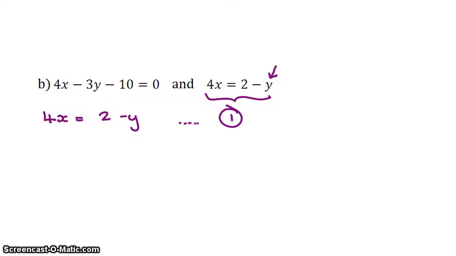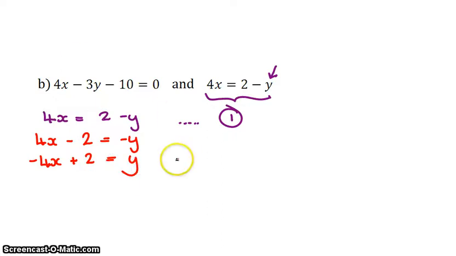Now I'm going to rearrange it to make y the subject of the formula. So I'm going to minus 2 on both sides, but I want y as the subject of the formula, so I'm going to divide by negative 1 throughout the equation until I get equation number 3.